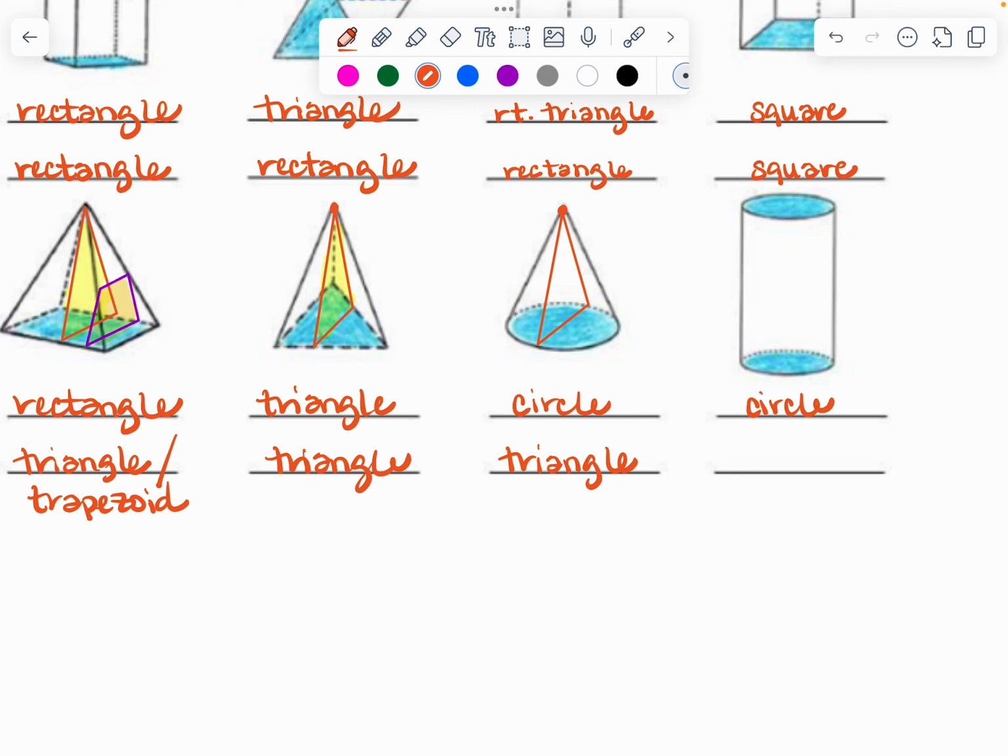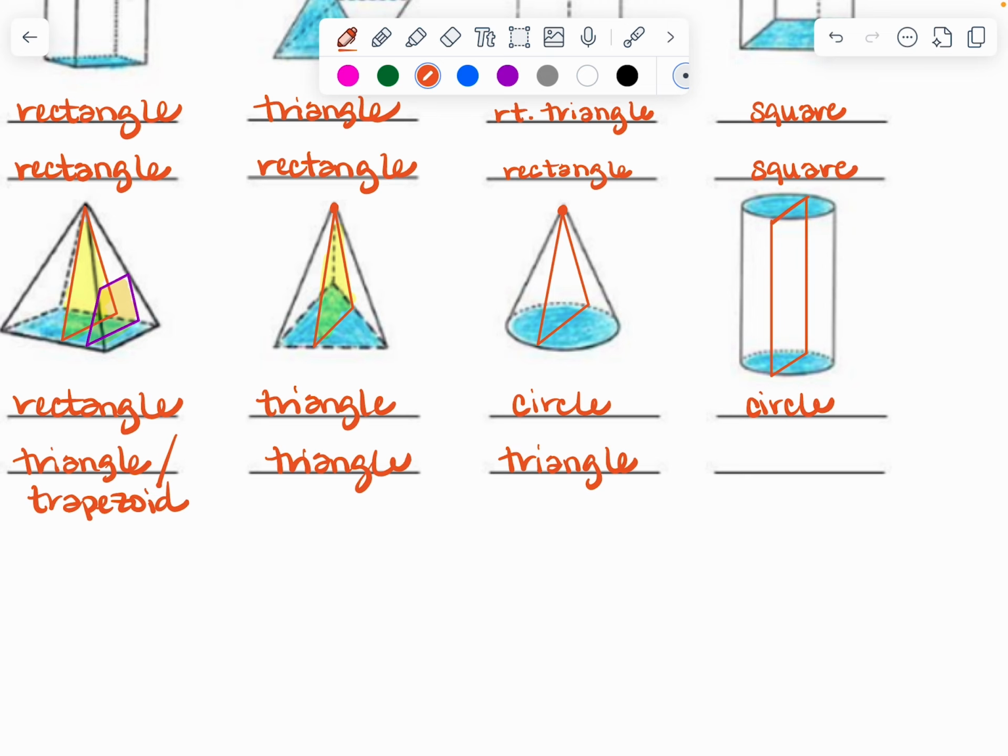It's okay. And then, of course, for a cylinder, all my horizontal cuts would end up being circles because that is the shape of the base. And of course, if I go perpendicular, and let me go at a slant. Oh, that's horrible.